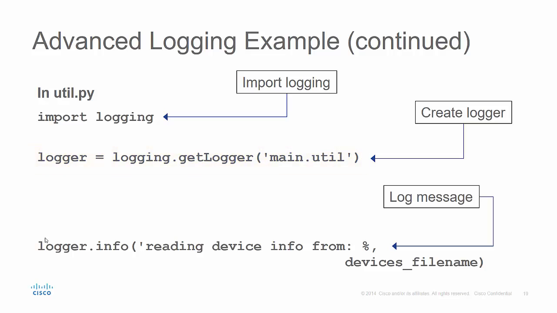Then you use this logger in order to log your messages just like before. So you will define the handlers and the formatters in your main module, and in your other modules, you will specify the main module from which your logger will derive. This is how you do basic and advanced logging in Python.